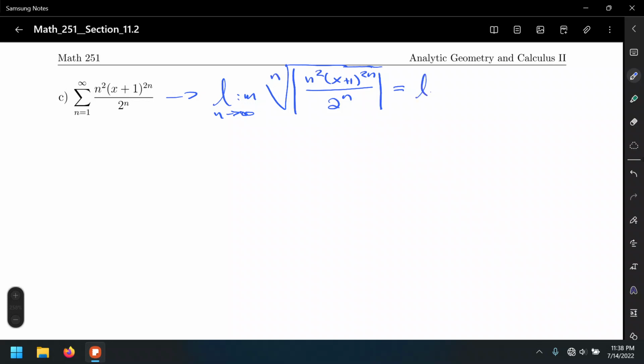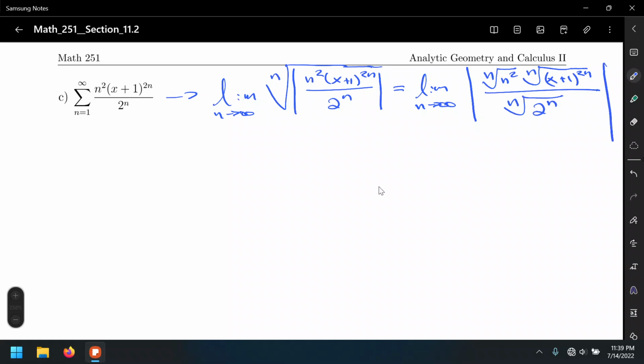We can split it: that's the absolute value of the nth root of n squared, times the nth root of (x plus 1) to the 2n, divided by the nth root of 2 to the n.